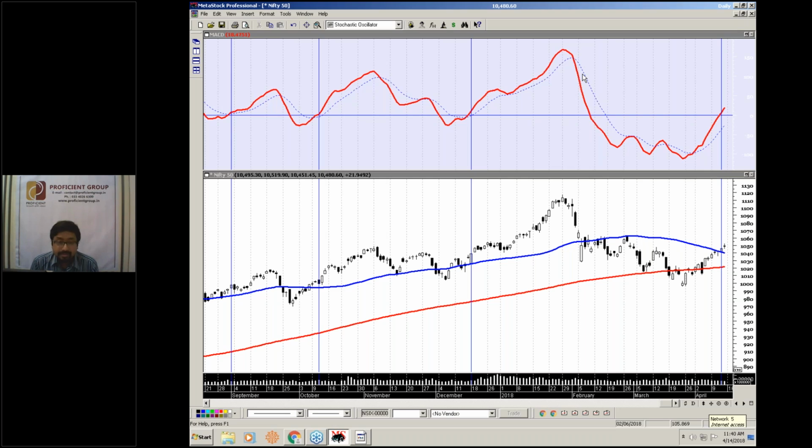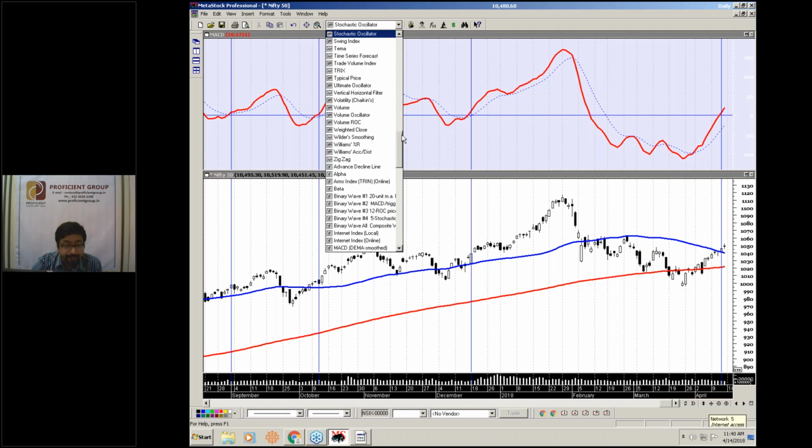Now here I am going to tell you a relatively unknown, relatively rare indicator, which is called the MACD histogram. What does it do? First of all, let me plot the MACD histogram.